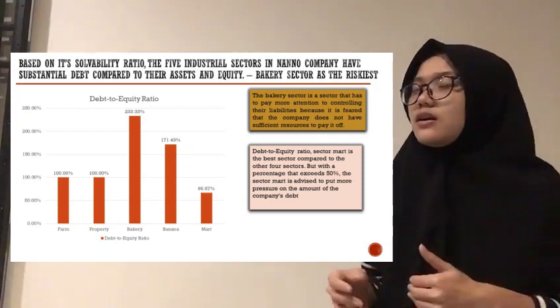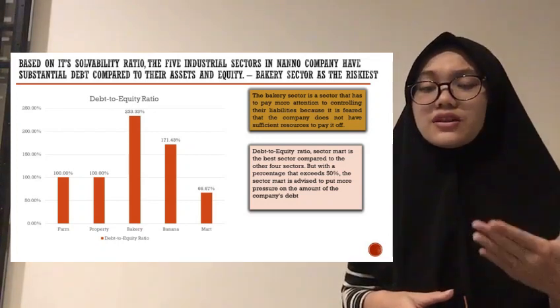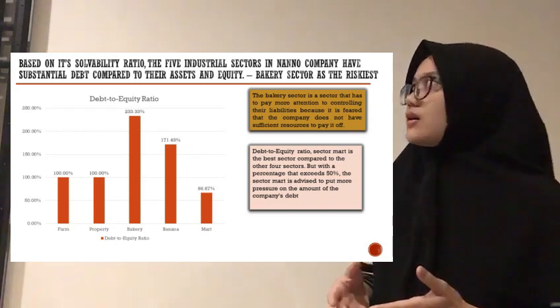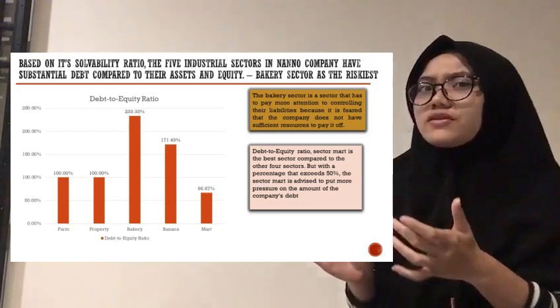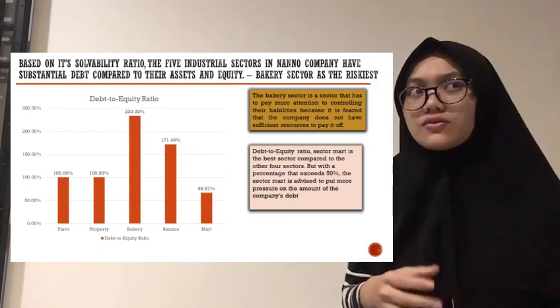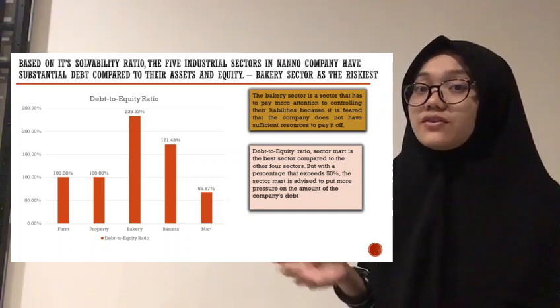And because the smaller the total liability ratio, the better, we can see that the mart sector has a percentage that exceeds 50%, and it's not really good for this ratio.